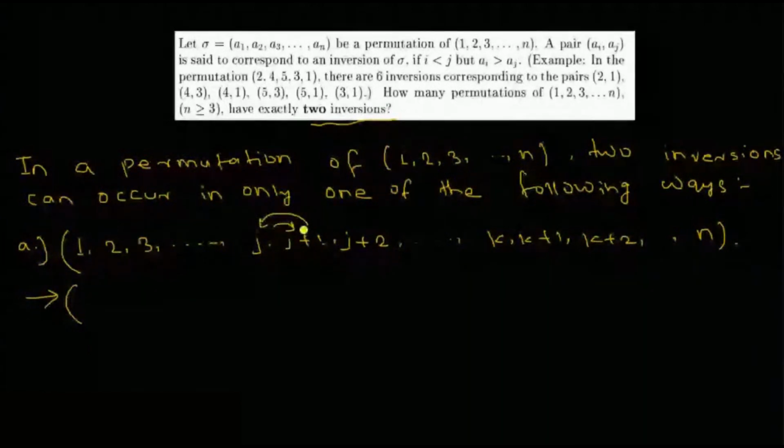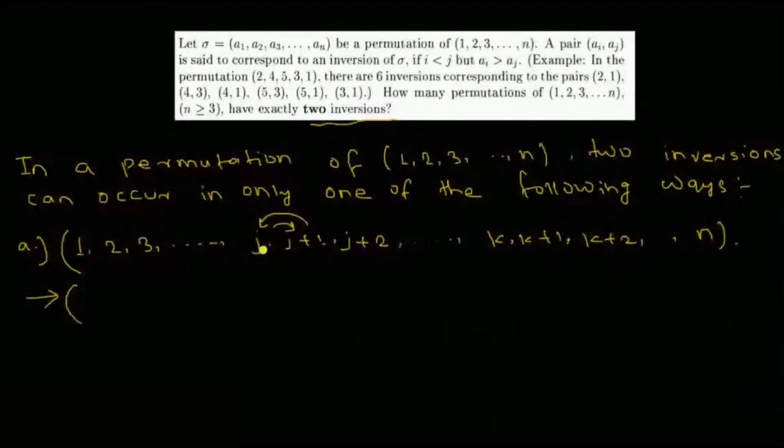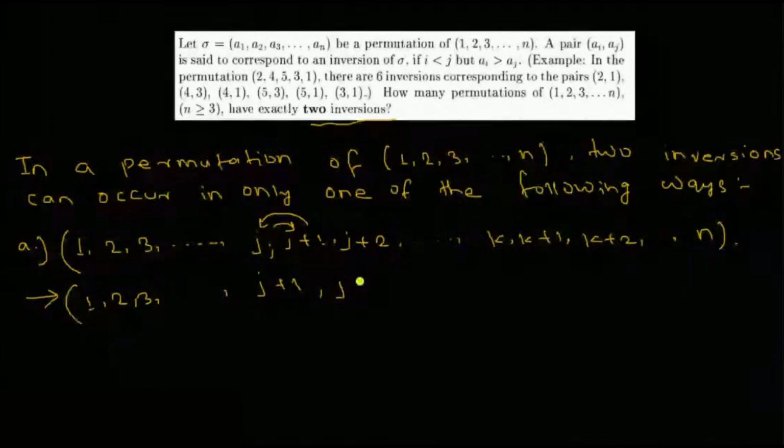Exactly one, for the j and j plus 1 terms. See here, like 1, 2, 3 up to, then in the jth position j plus 1 has come, after that j, and then j plus 2. So how many inversions are here? See, only up to here. Don't talk about this right now.